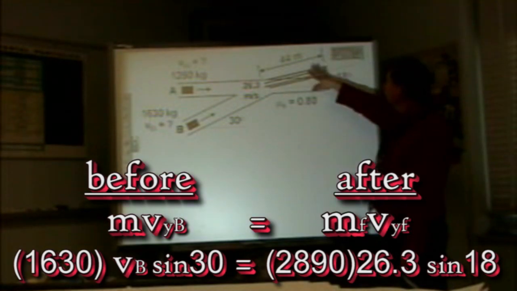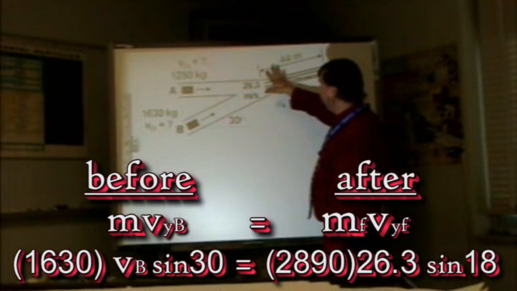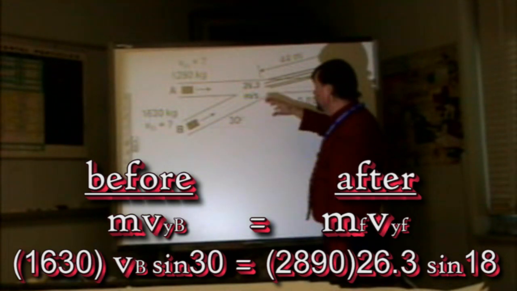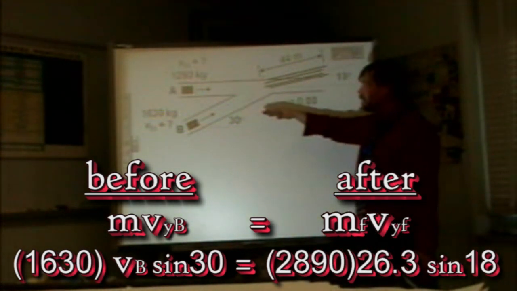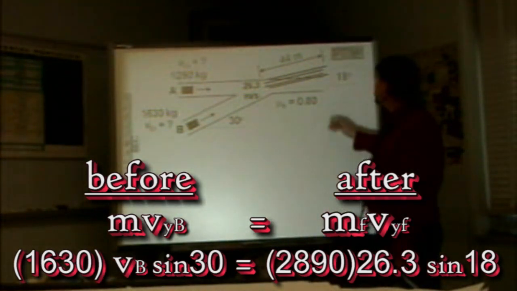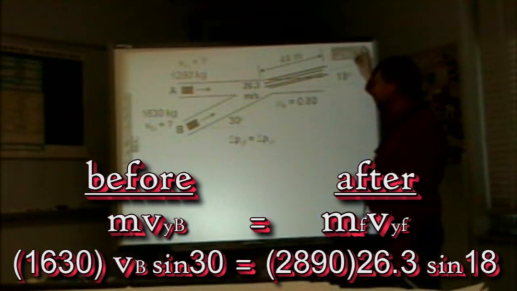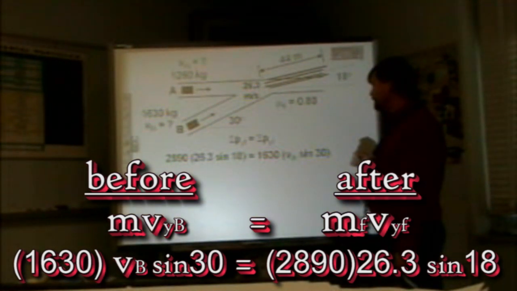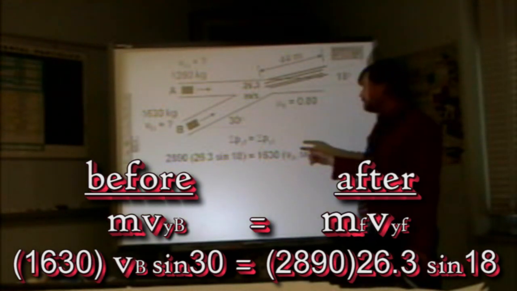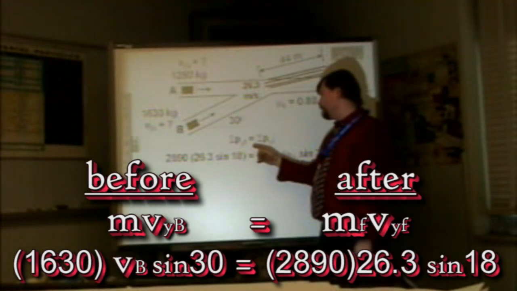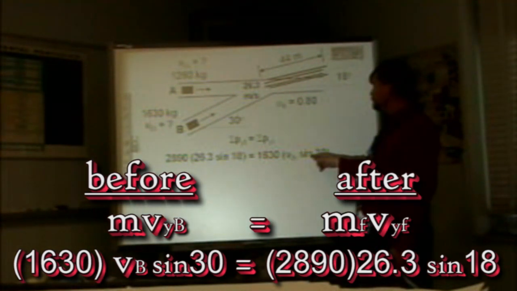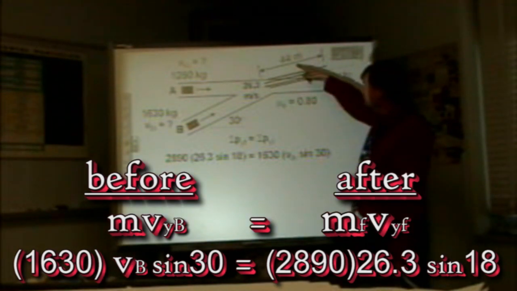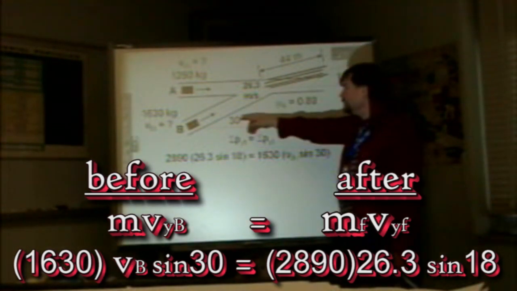So now we know the speed of the two cars stuck together afterwards, so we know our final momentum is mass times velocity. We need to find our initial momentums, and we can break this into x and y components. The initial y is the sine of 30 degrees for this car.